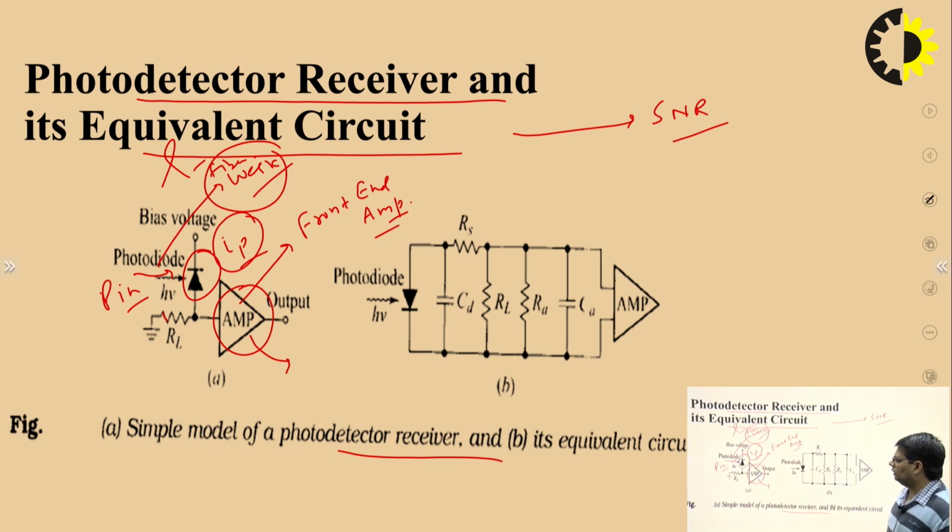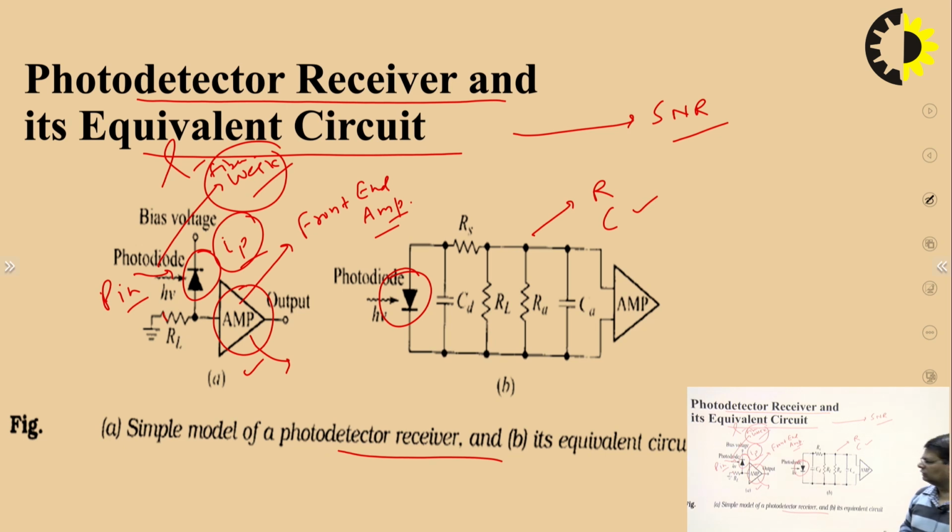Now if we draw the equivalent circuit for this receiver, we will see that in the equivalent circuit this is the photodiode, and corresponding to the photodiode and the amplifier we have a number of resistors and a number of capacitors.